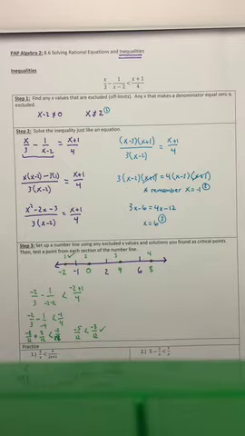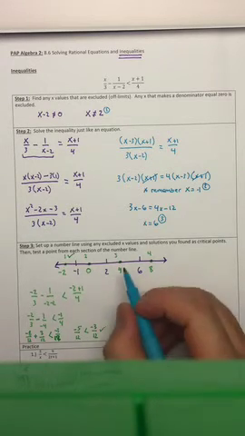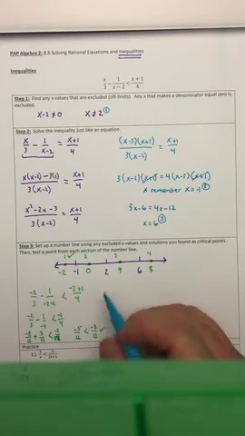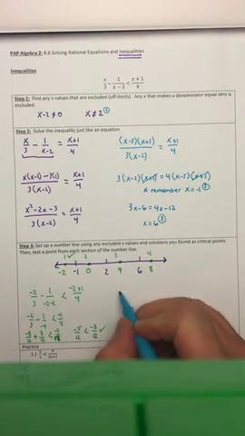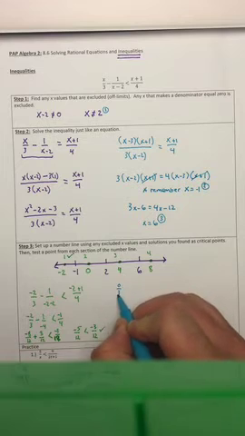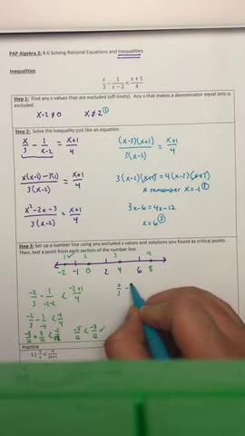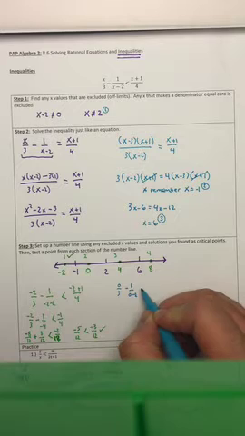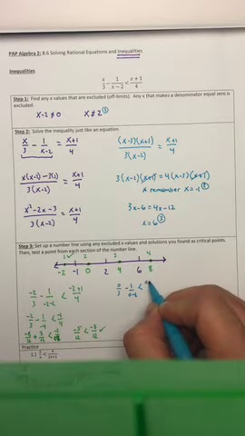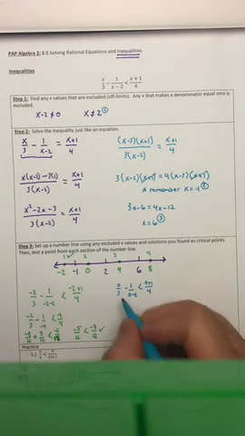Okay, so then I'm going to move on to another point. I'm going to plug in 0 and do the same thing. Okay, so this one's actually going to be a little less work. So I've got 0 over 3, which is just 0. Minus 1 over 0 minus 2 is less than 0 plus 1 over 4.